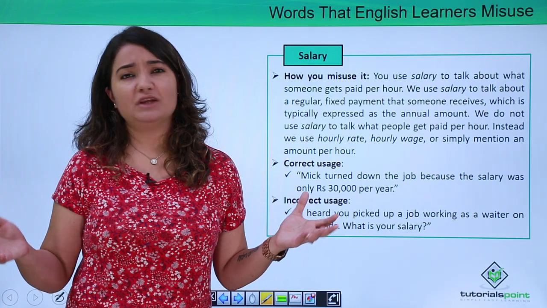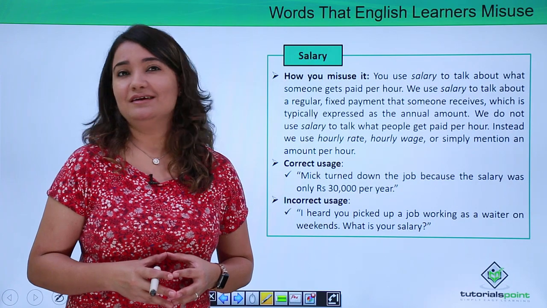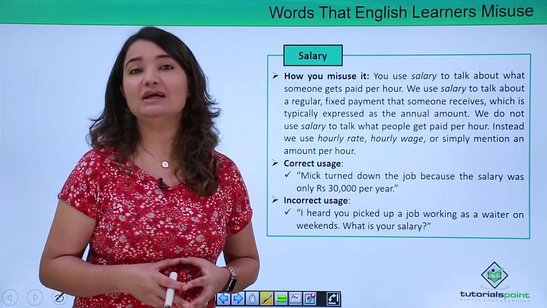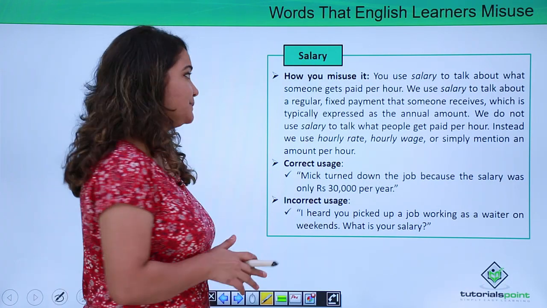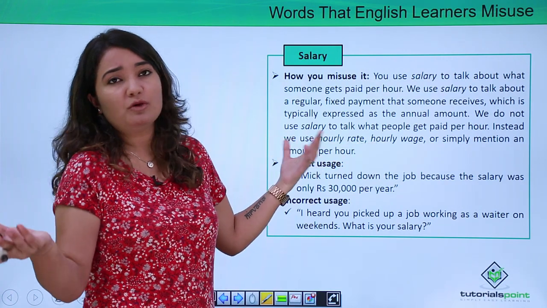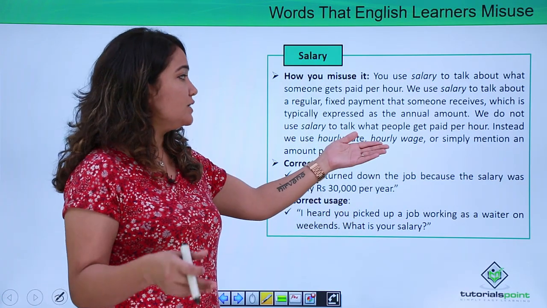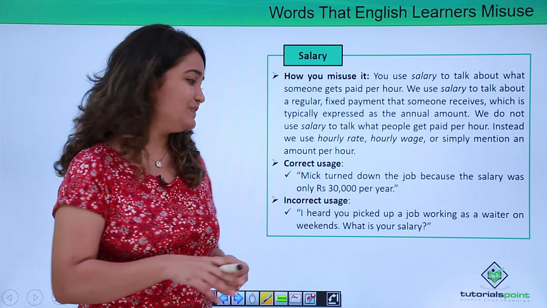So if you happen to use this word, you might want to correct it. Something which you are paid on a daily basis is not your salary. It is referred to as your wages. Hourly wage is simply the amount per hour. On a daily basis you are paid so much, or it could be an hourly wage or hourly rate, but it is not salary.